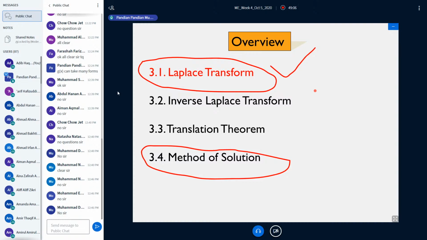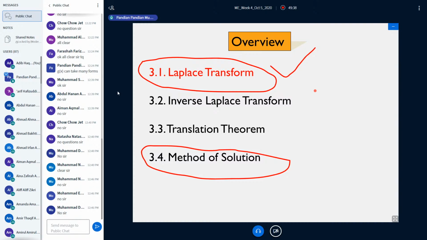You already studied chapter 1, the first order, many methods: linear, exact, non-exact, Bernoulli, and we just finished second order, homogeneous, non-homogeneous, the methods of undetermined coefficient and variation of parameters. But this is the last method that you're going to study.